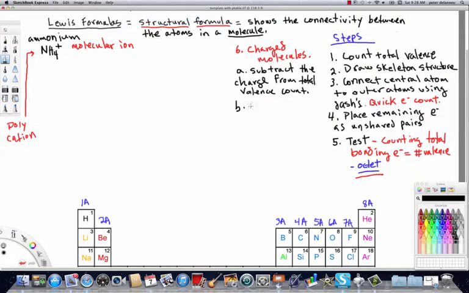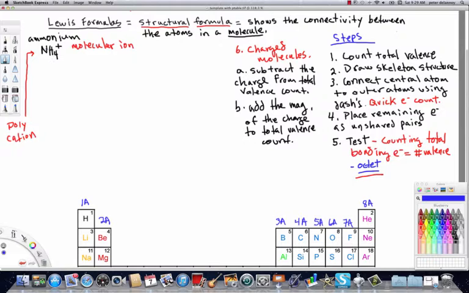In this case you will add the magnitude of the charge to the total valence count. Like we've done in the previous videos, you handle this exactly the same. You follow the steps.